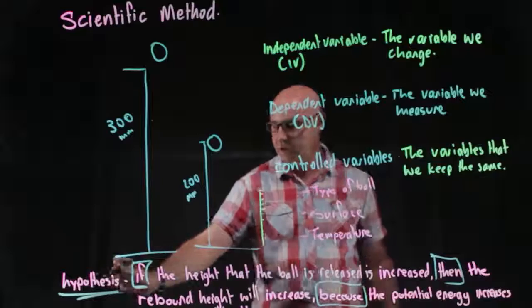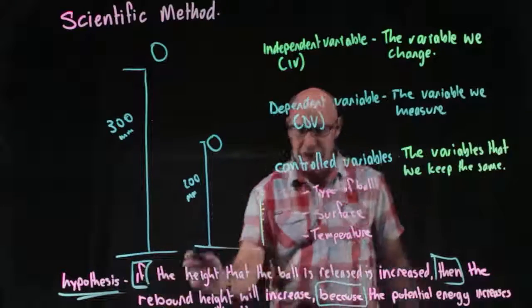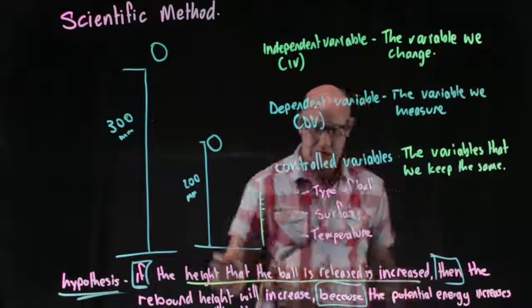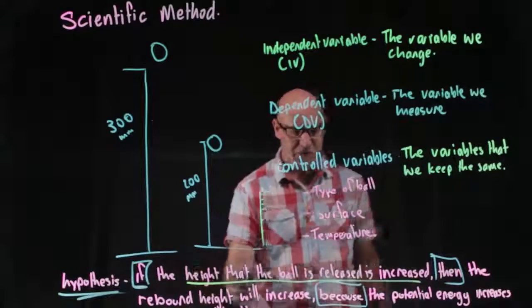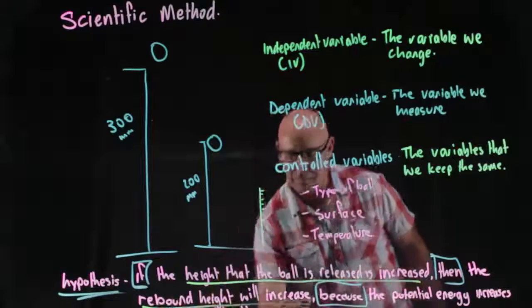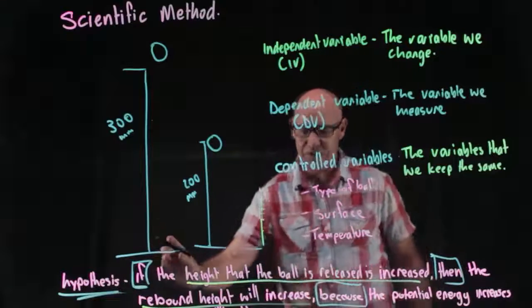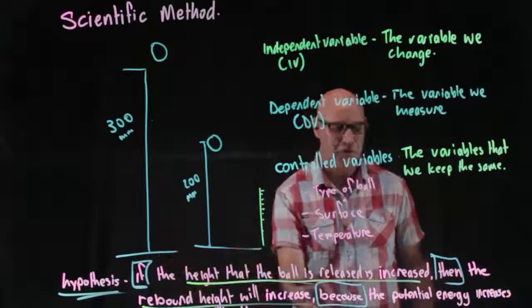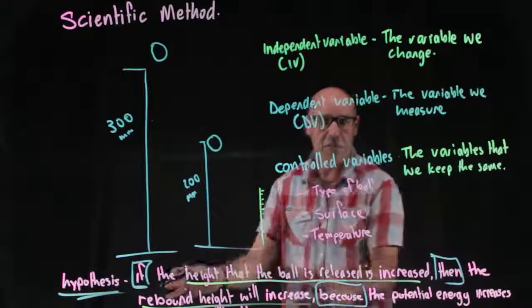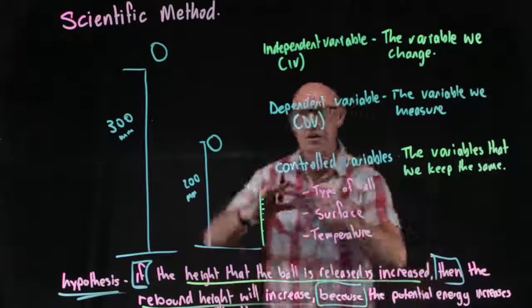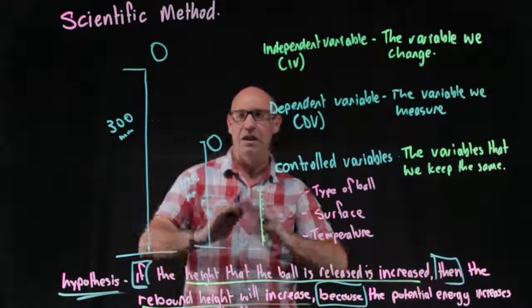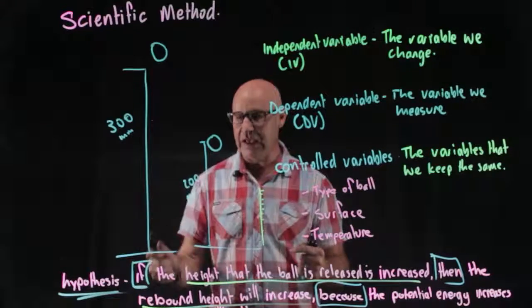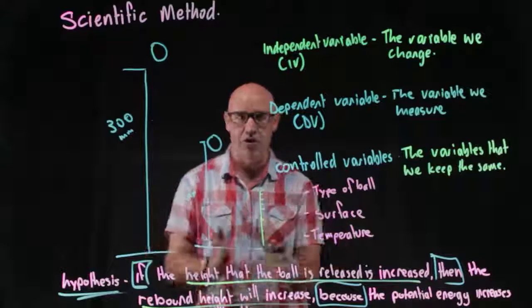And we're talking about if the independent variable is changed, then this is what happens to the dependent variable. So if the independent variable is changed, then this will happen to the dependent variable because linking back to our science. Then we're going to go ahead and do our experiment a number of times, and we're going to see if our results support the hypothesis.